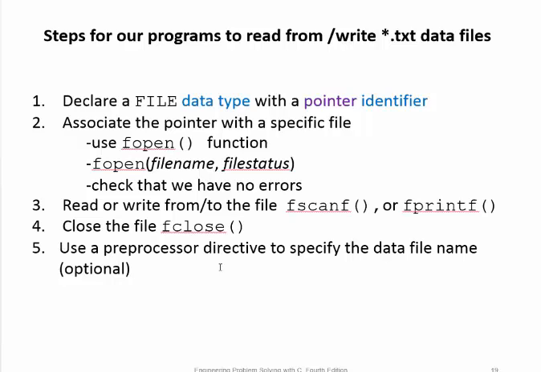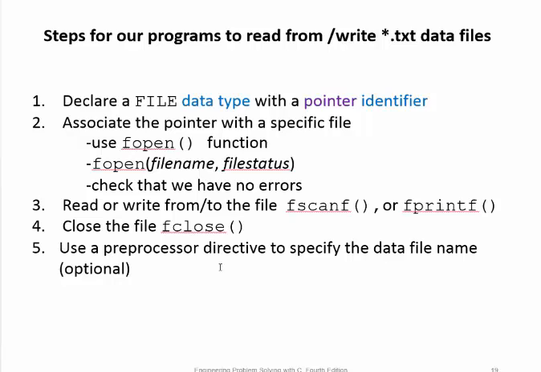All your data is separated by commas, and I'll give you an example of that. So our steps are, in general, that we have to make a declaration and declare a data type that's called file. More on the next slide. Then, after you've made a declaration, you have to associate it with the file that's somewhere in memory on your computer, either the file you want to read from or write to.